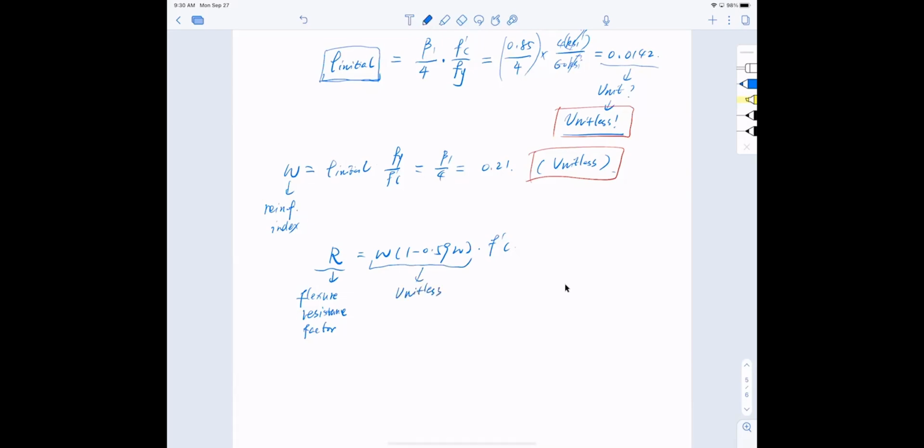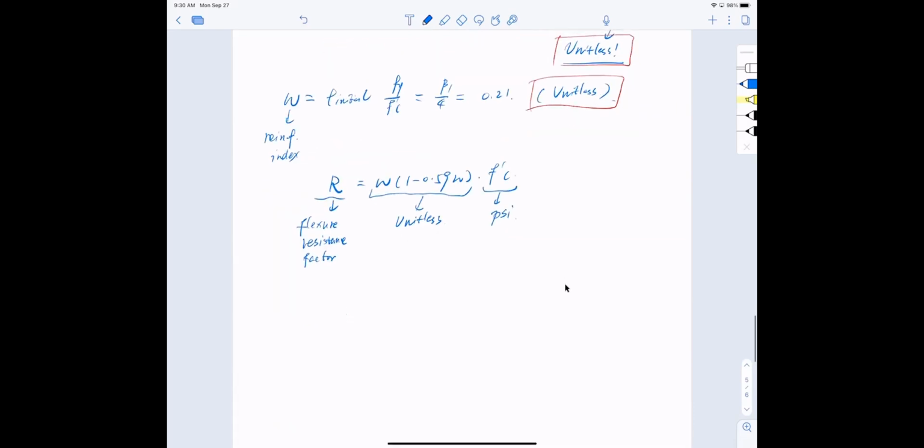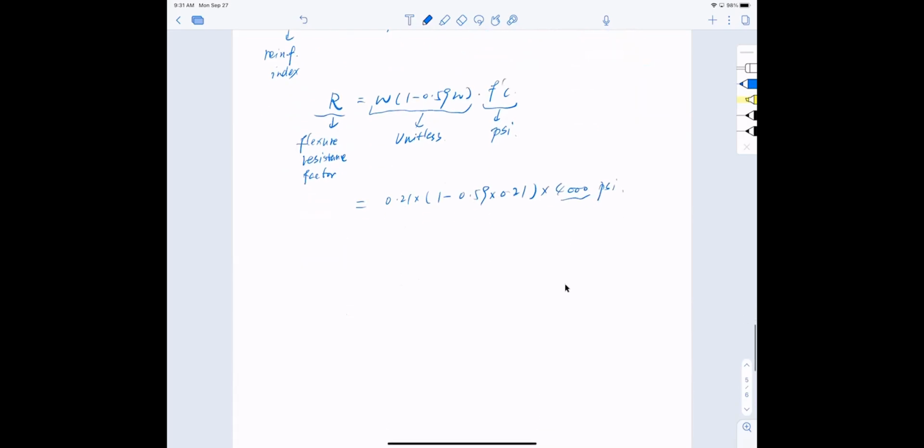We understand that, but f prime c has a unit, and it is psi. So when I do this, omega equals 0.21, multiplied by 1 minus 0.59 multiplied by 0.21, and then multiplied by 4,000 psi, folks, 4,000 psi, not ksi anymore. I want to use psi. So I got my R equal to 736 psi.